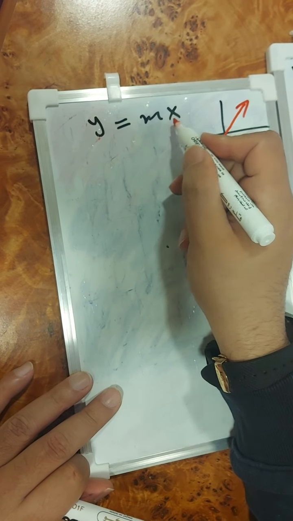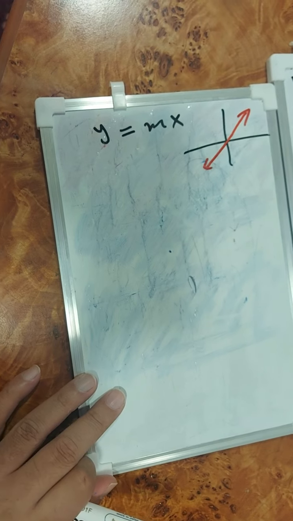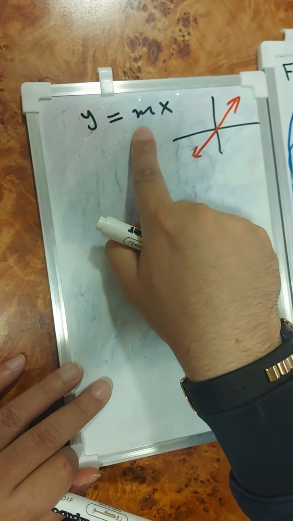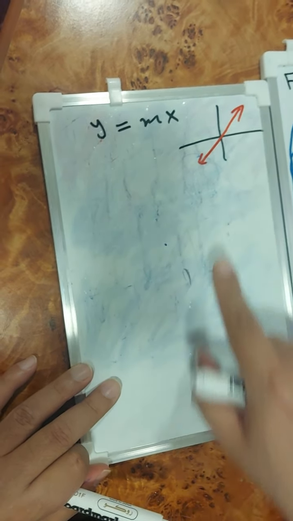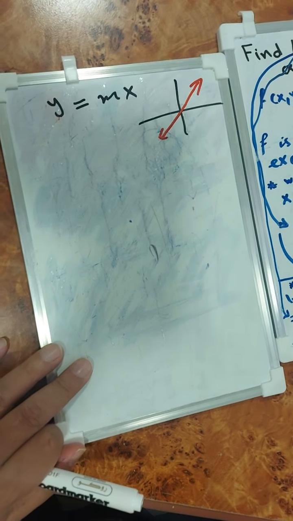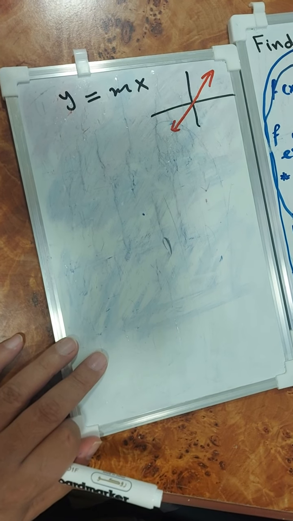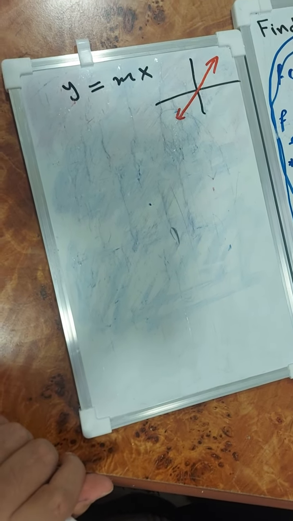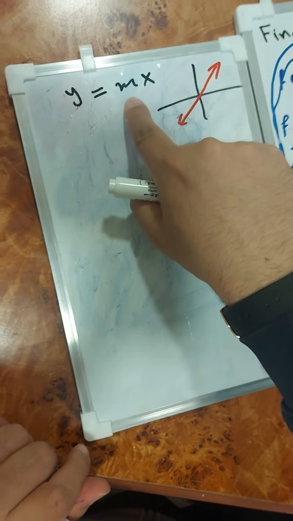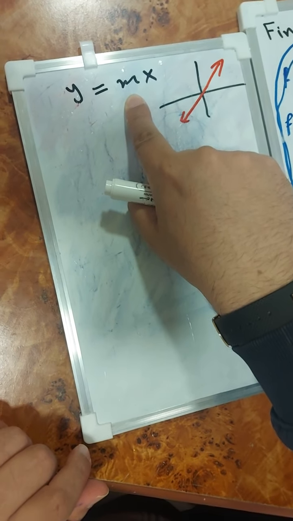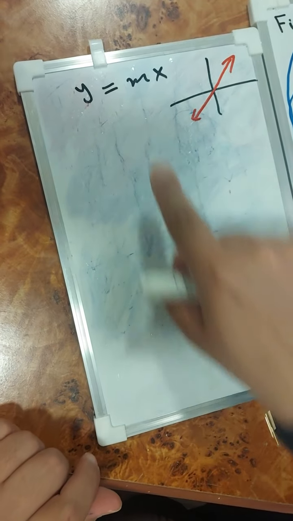Here m is the slope of the line, the red line. For example, if m equal 1, we will obtain the line y equal x, which has been used in the last solution. If we put m equal 0, we will have the equation of the x-axis, y equal 0.